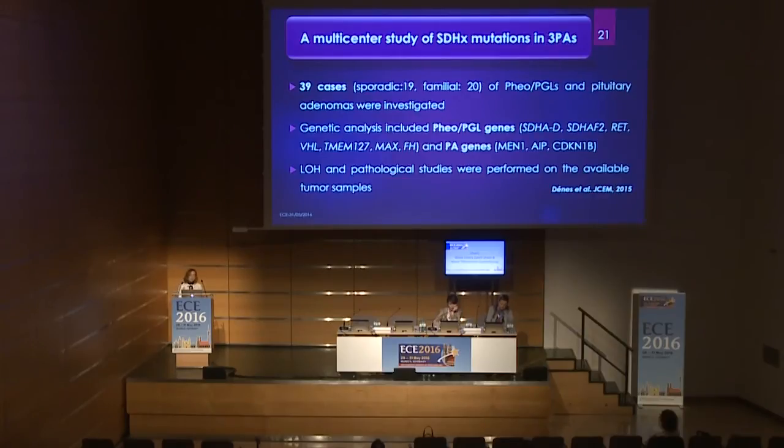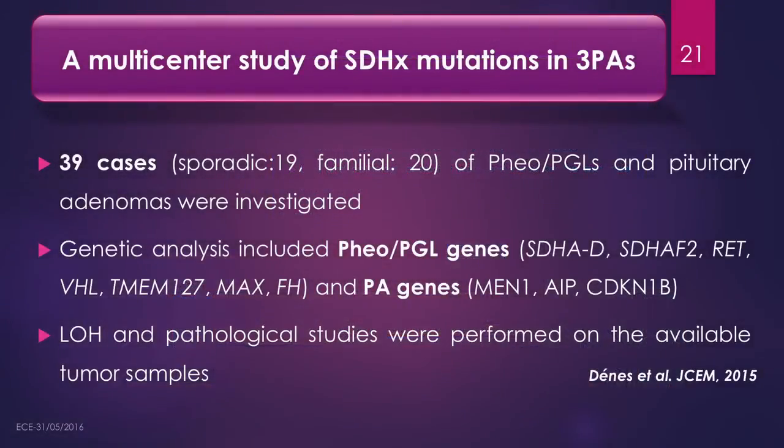At the same time as our report about this new association, Dénes et al. from the Korbonits group, in collaboration with many centers from all over the world, studied 39 cases, 19 sporadic and 20 familial, of pheochromocytomas, paragangliomas, and pituitary adenomas. But they moved one step further and screened for all the genes related to pheos and paragangliomas, as well as genes involved in pituitary adenomas.